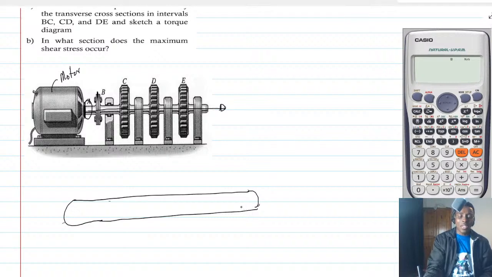So the shaft is here, and then this is B, this is C, and then there is point D, and then there is E. All right.